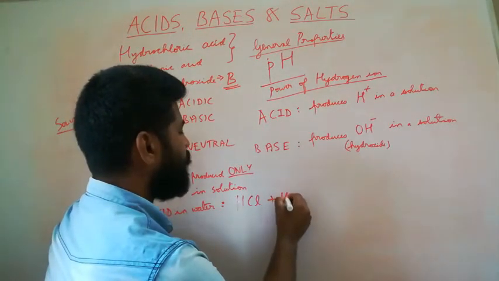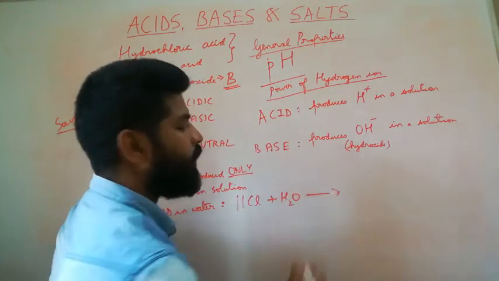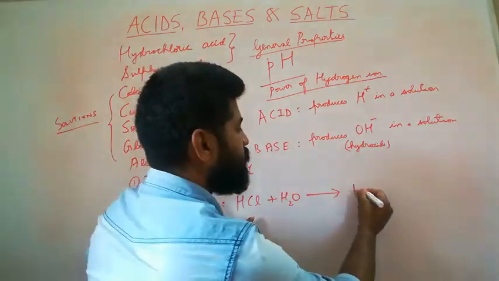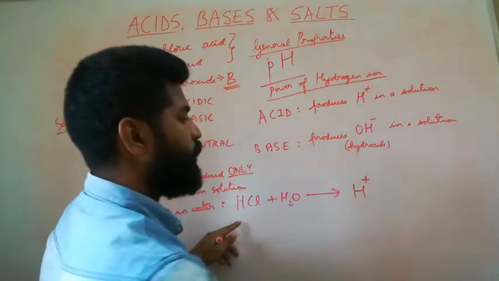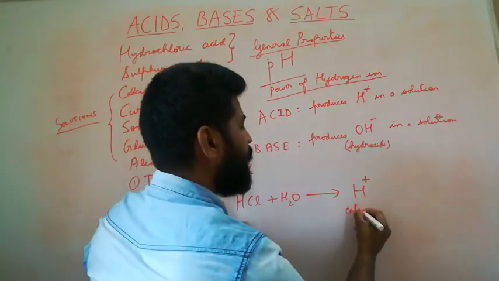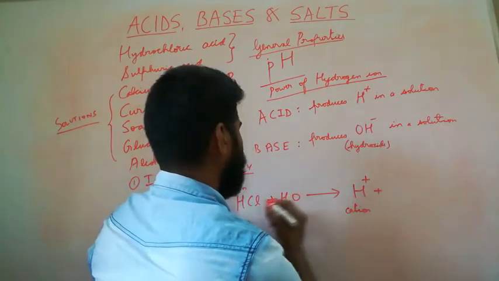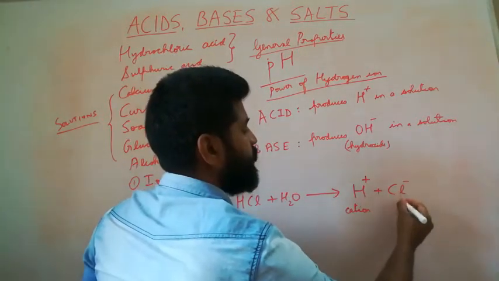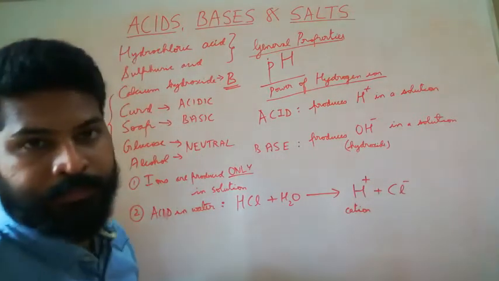Hydrochloric acid plus water, we know that acid will produce H plus ions in solution. So H plus is a cation and it will dissociate to produce Cl minus ions.